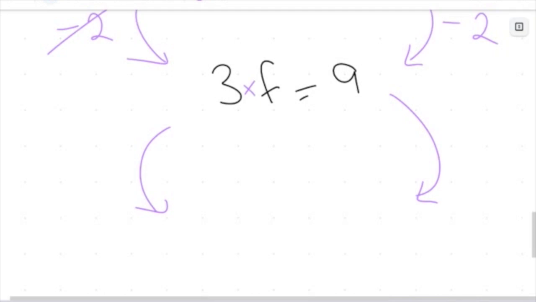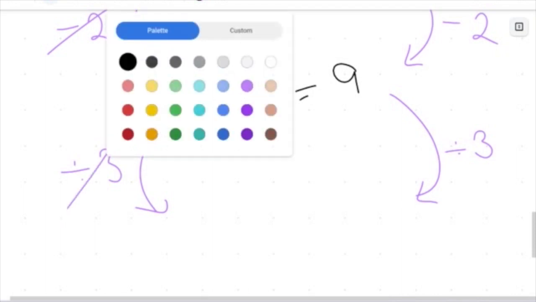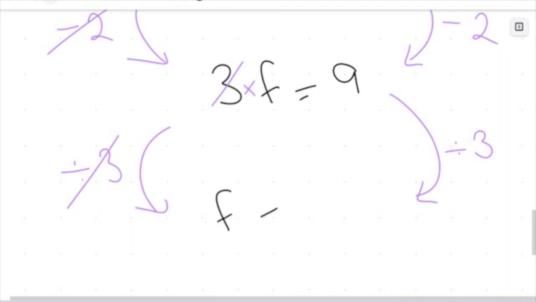I have 3 lots of f, gives me 9. So I can find f by just dividing both sides by 3. And that's going to give me that f equals 3.